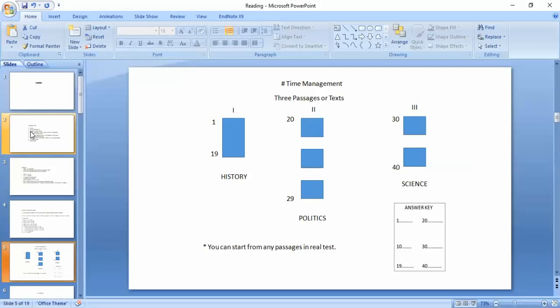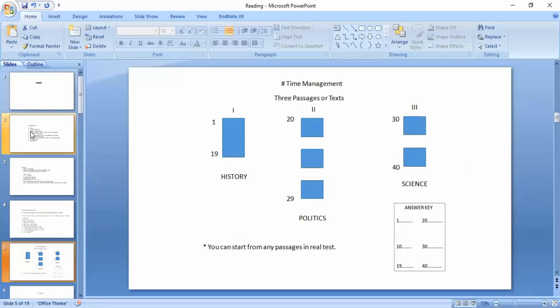For example, here we have three different passages. One is on history, one is on politics, and another is on science. If I was a student of politics, I would begin by answering the passage 3 questions rather than history, although politics is in passage 2.